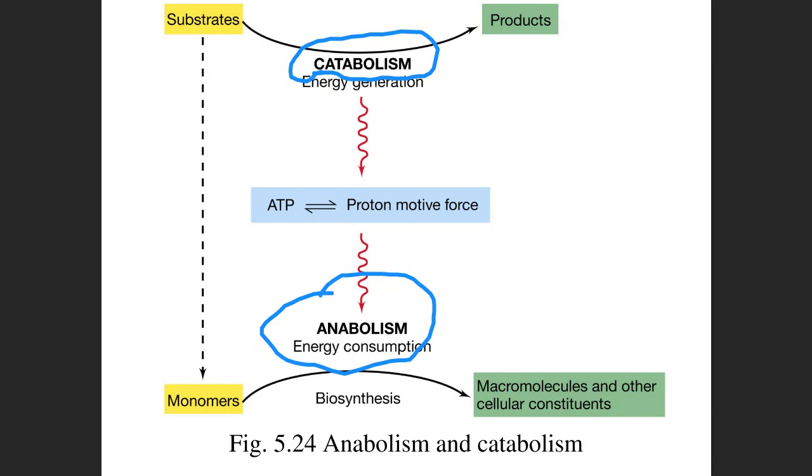Now, we're going to go into this in detail, but it's very important to keep in mind that you have substrate and you have product. And substrate in this case usually is our larger molecule, and you extract energy. So how do you know which molecule can generate energy?